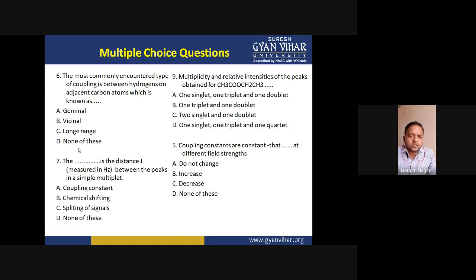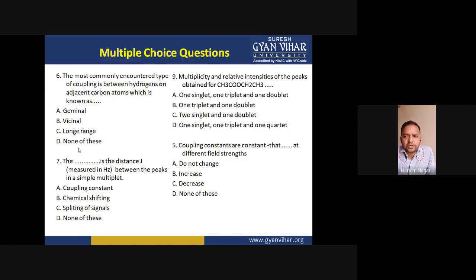Actually it is called the coupling constant. The distance between two peaks in a multiplet is called the coupling constant, while chemical shift is the shifting of the signal in the upfield or downfield direction due to interaction with the different chemical environment.